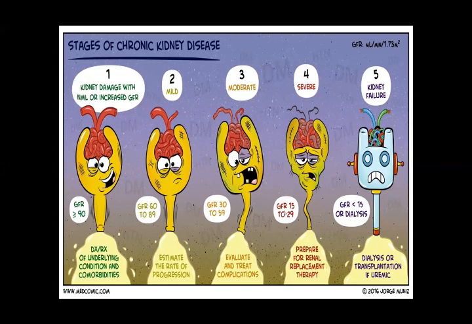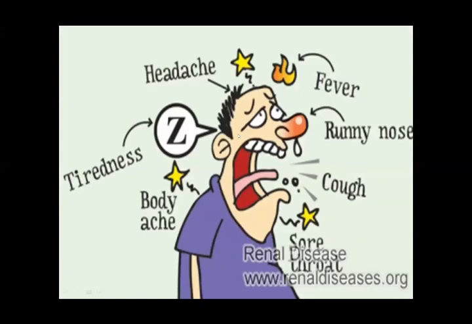Fourth, severe, replace the kidney. And kidney failure altogether, less than 15%, then go for dialysis. Right, so this is headache, tiredness, body ache, sore throat, runny nose, and fever.